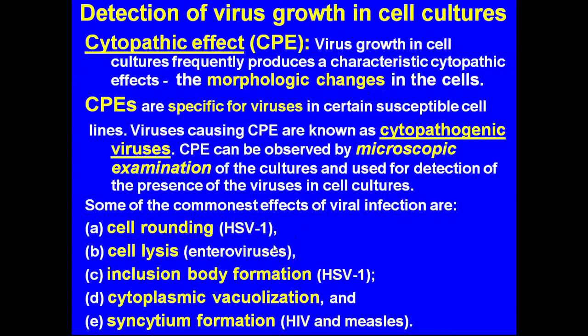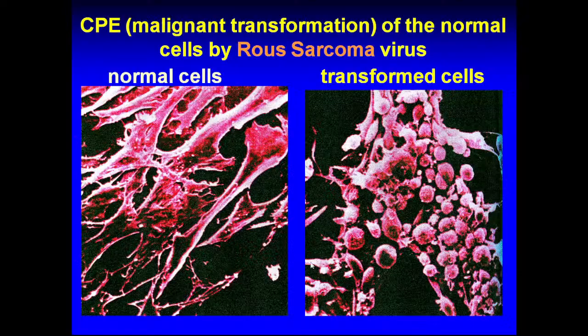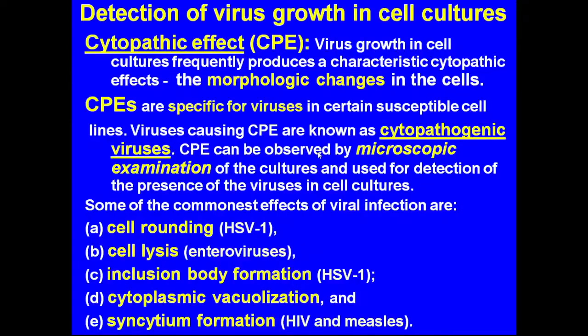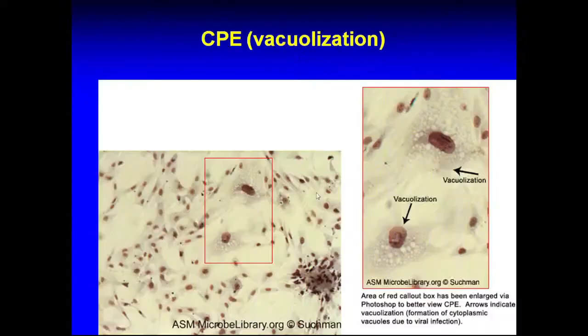And you can see these different types of cell rounding. So let's take a look. For example, that is oncogenic transformation that may occur as a result of Rous sarcoma virus growth. So cell proliferation is the cytopathic effect.